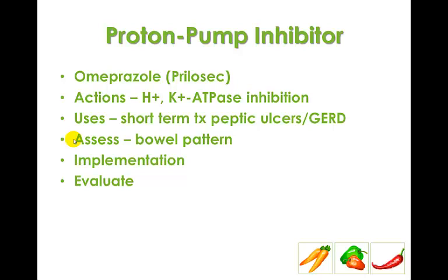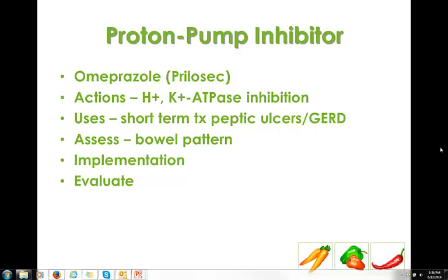Again, we want to assess the bowel pattern prior to use because it can cause diarrhea. Patients need to, again, be aware that it can take time to see improvement. A little faster with the H2, a few days, but with proton pump inhibitors, it may take up to 2 weeks to see improvement.